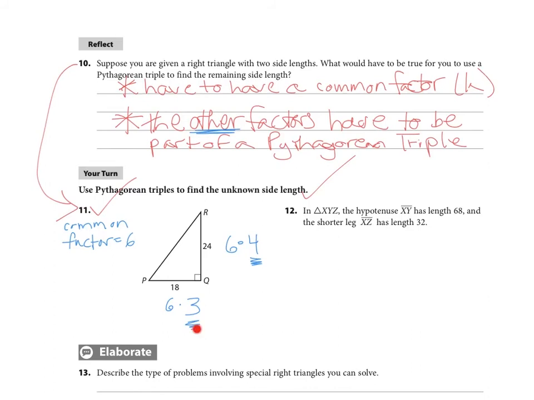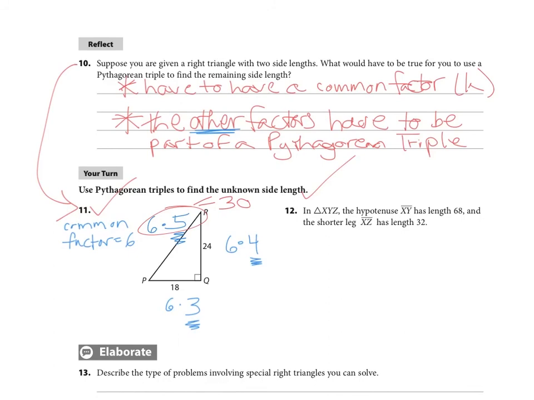So the question is, are 3 and 4 part of a Pythagorean triple? Well, on the previous page, we know there is a 3, 4, 5 Pythagorean triple. So we would put that 5 right there, 6 times the other part of the Pythagorean triple. So my answer to this one is that the remaining side length is 30.